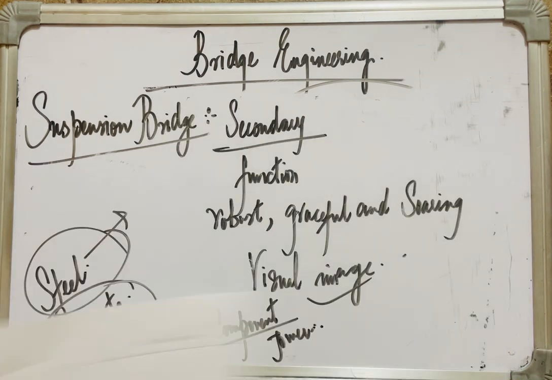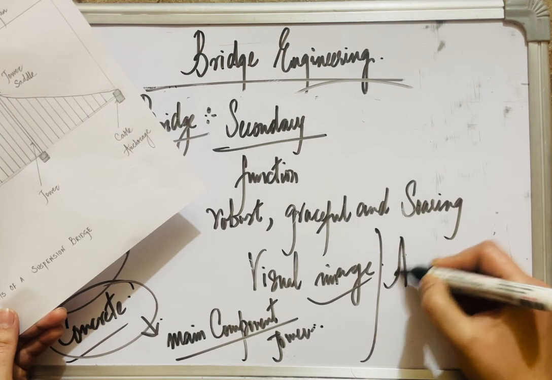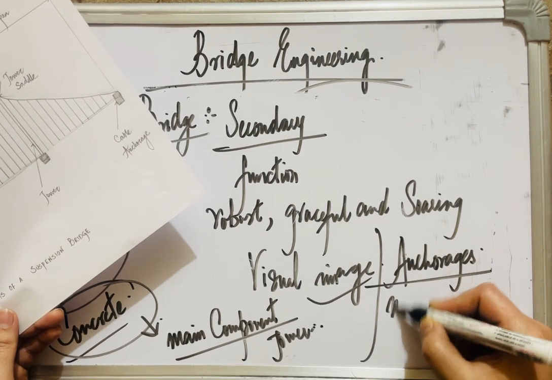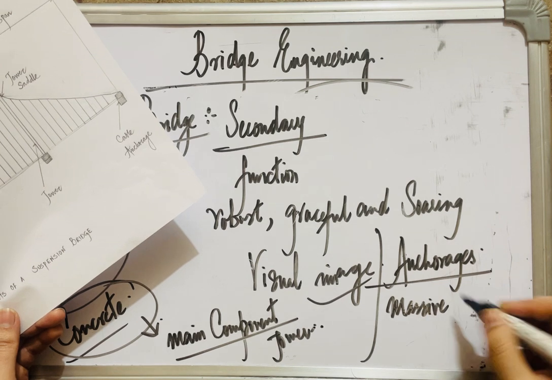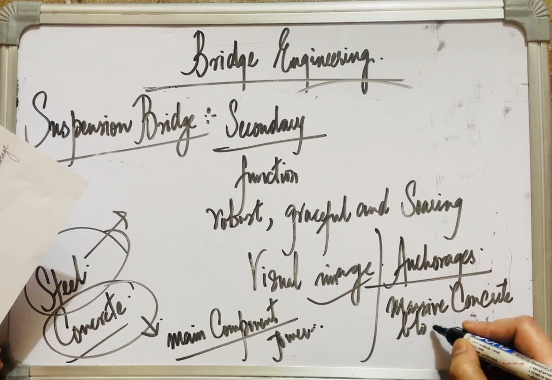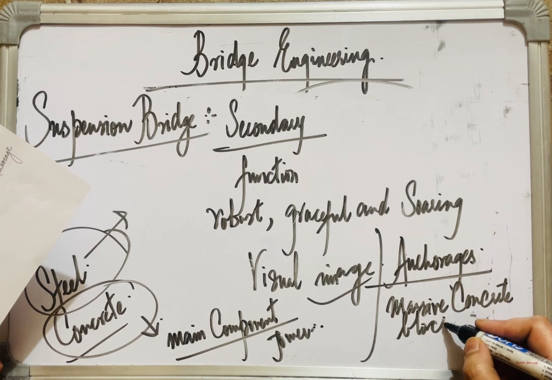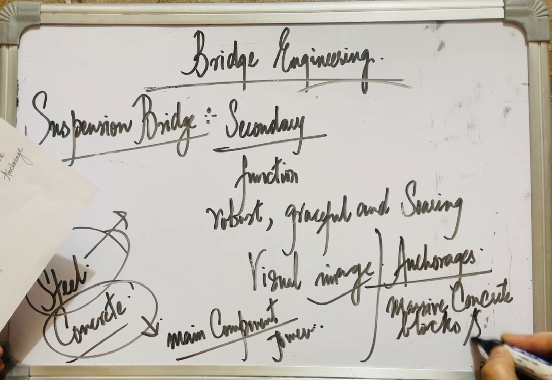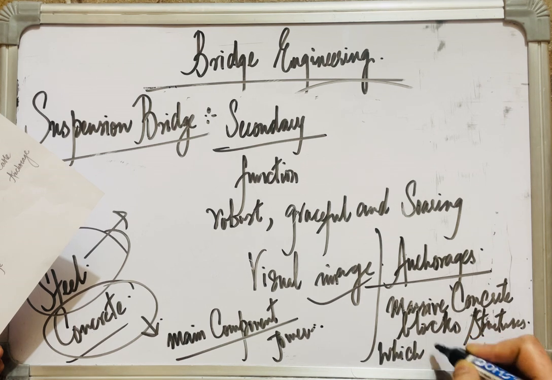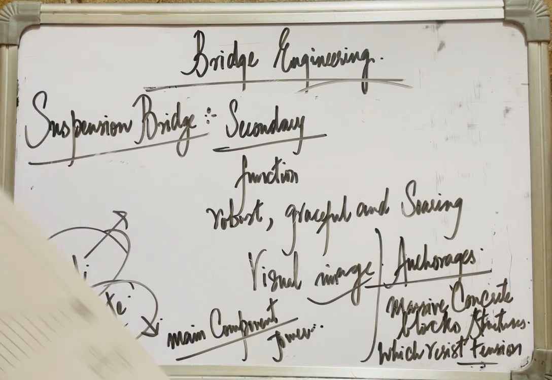All right, anchorages in case of a suspension bridge are massive concrete blocks or structures which resist the tension of the cable and then transfer the force or the load to the ground below.